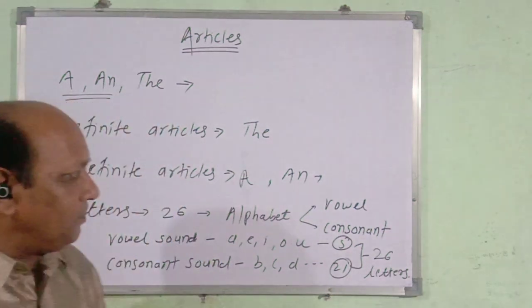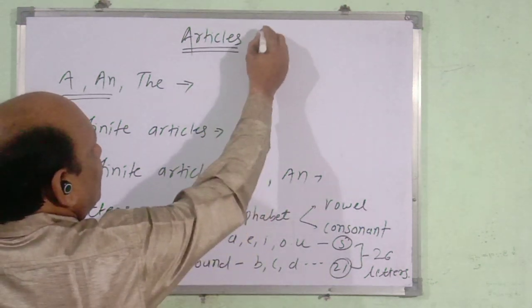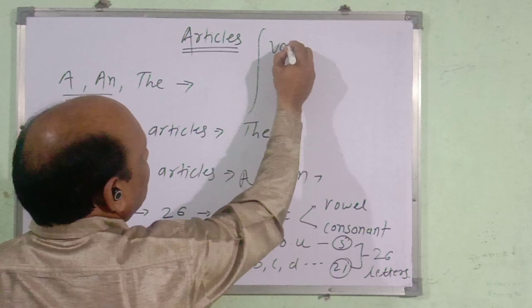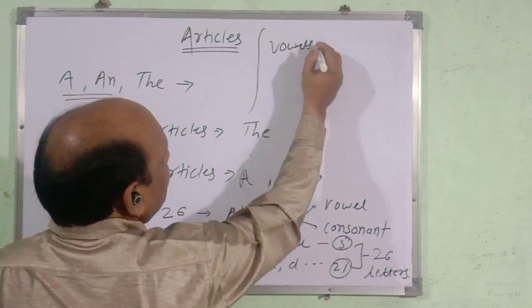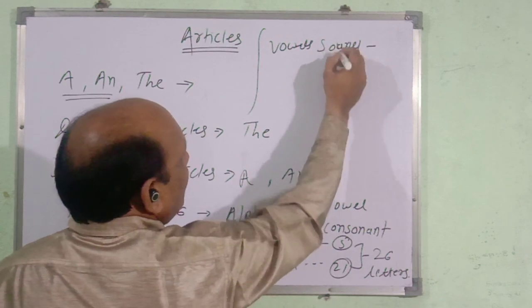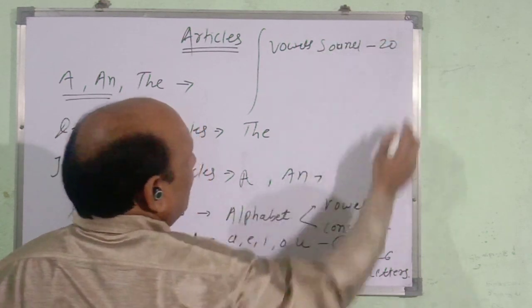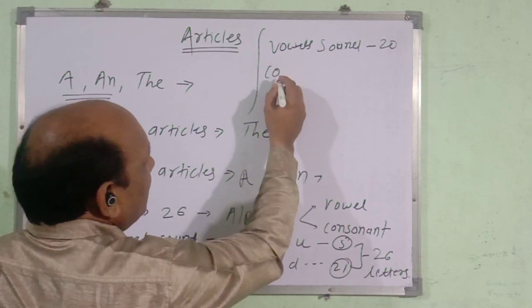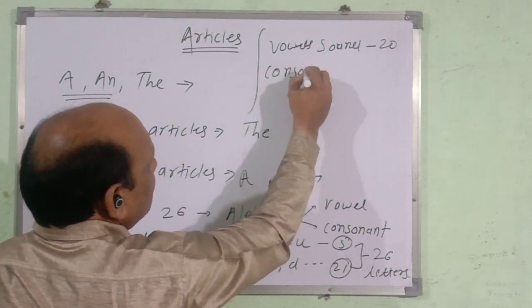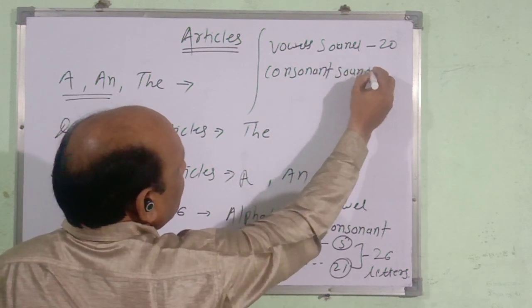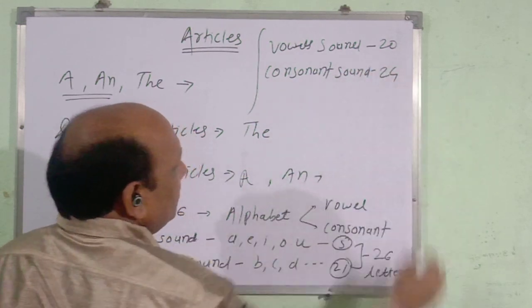But actually there are 20 vowel sounds. So actually there are 20 vowel sounds, and when you are talking about consonant sounds, there are 24.